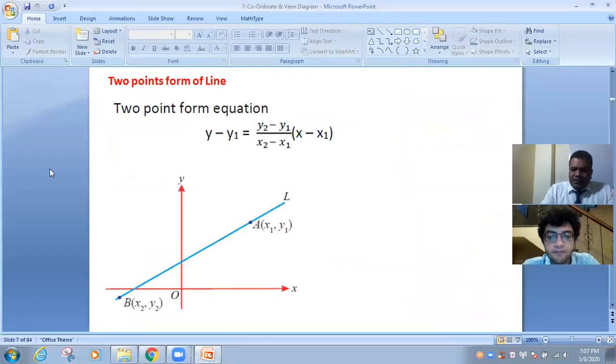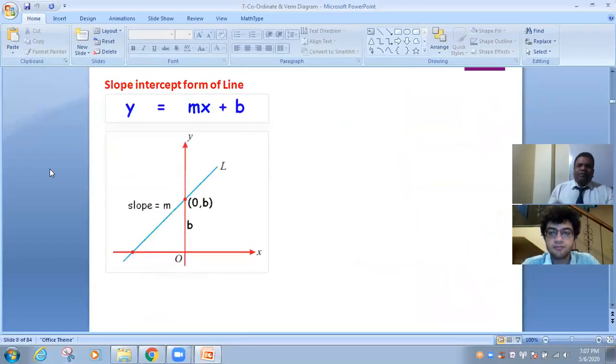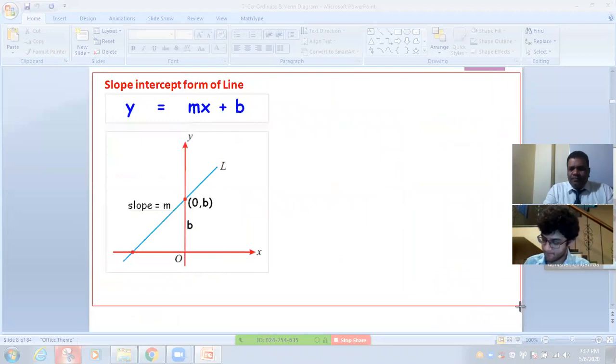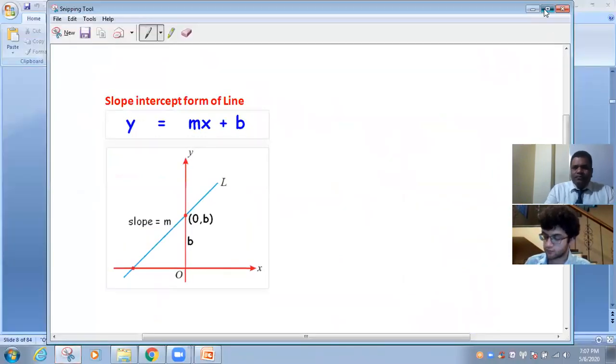Now we'll go to the next case, this one. This is the slope intercept form of a line. Here a point is not given. You know the slope and you know the intercept on the y-axis. So that is called the slope intercept form of a line. We'll discuss in detail. Okay.